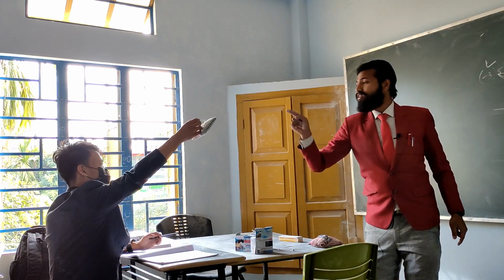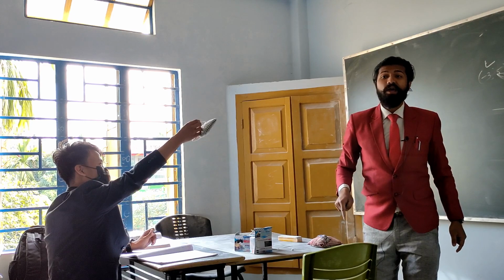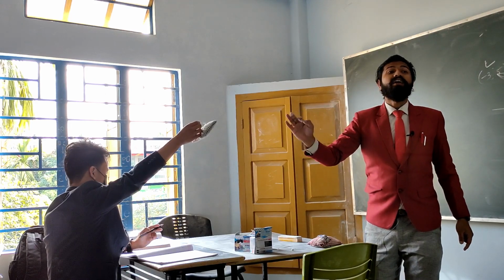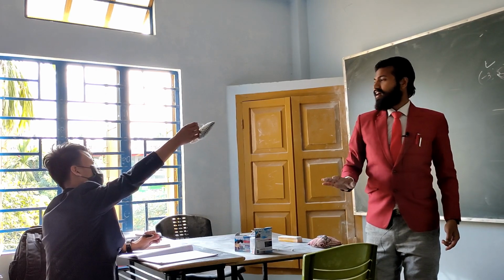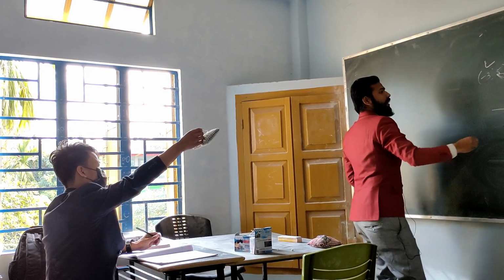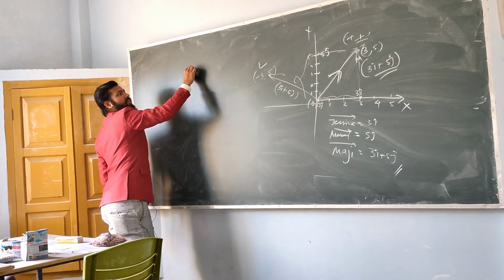Now if I ask what is the vector representation of this? 2 i cap plus 3 j cap plus 3 k cap. Understood? So the bird is flying here, so this bird has the location 2, 3, 3.